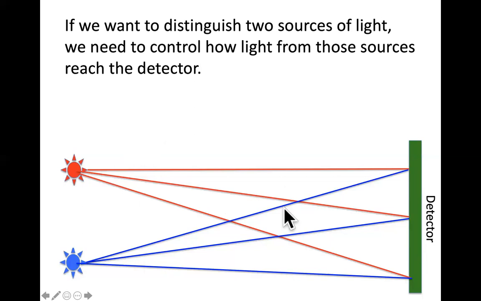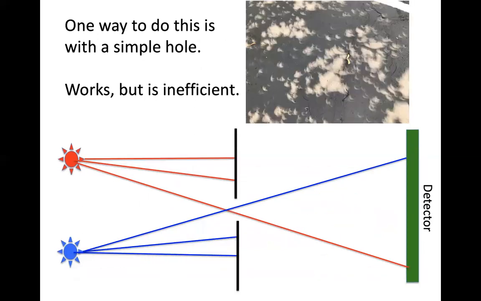Now, the simplest way to do this, and one that actually works, is you just put a sheet of something opaque in front of the detector and punch a small hole in it. If you have a small hole in this region, then the light from the red star can only get to this part of the detector, otherwise it's blocked.